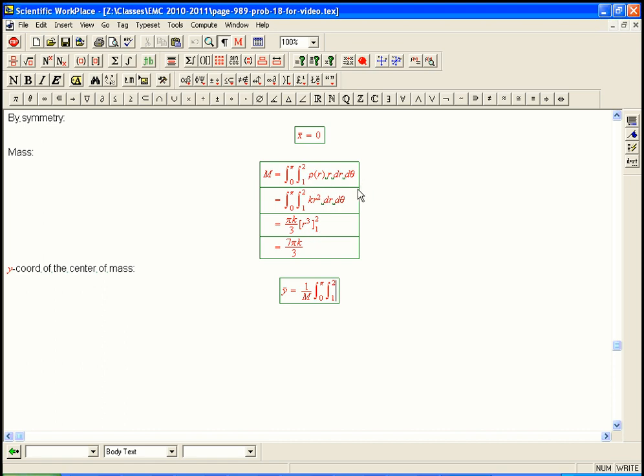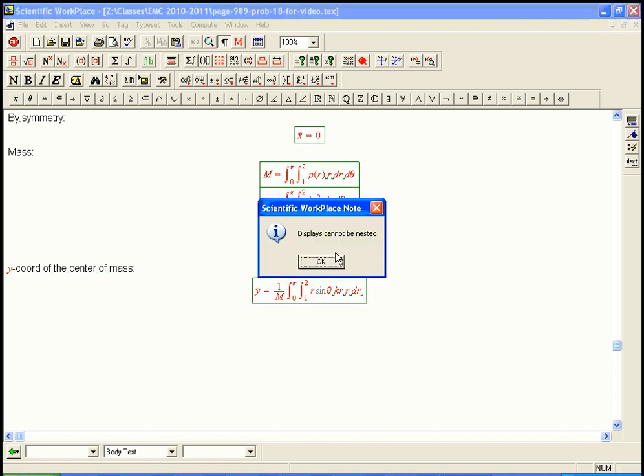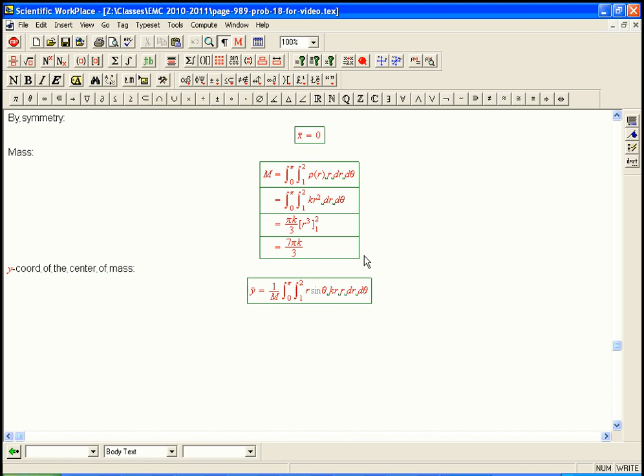Now y is r sine theta, times that kr again. So don't forget, all that stuff still goes in there. So r dr d theta is the dA. Kr, which is rho, times that turns it into a dm. This is the little bit of mass. And then we use that as a weighting to multiply times the function, which is y, but that's r sine theta now. Okay, so I'm just going to leave this as a 1 over m for a minute.